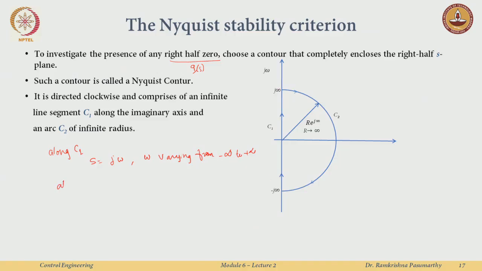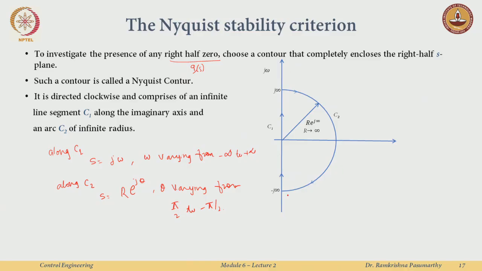And along C2, s is R e power j theta, just the phasor here. Theta goes from here till here, whichever way. If you measure from here to here, theta varies from pi by 2 to minus pi by 2. This means I am taking care of the entire right half plane, including the imaginary axis.